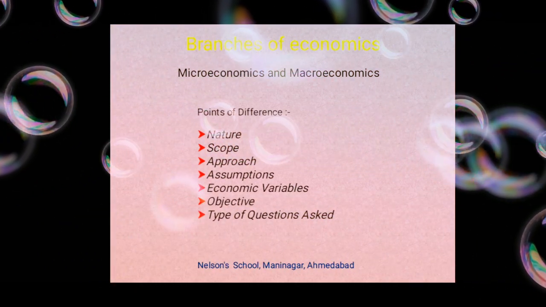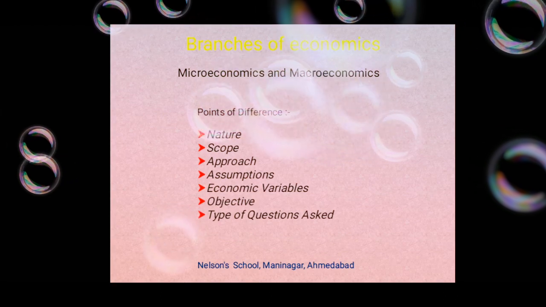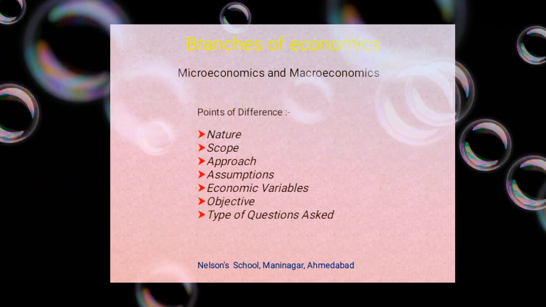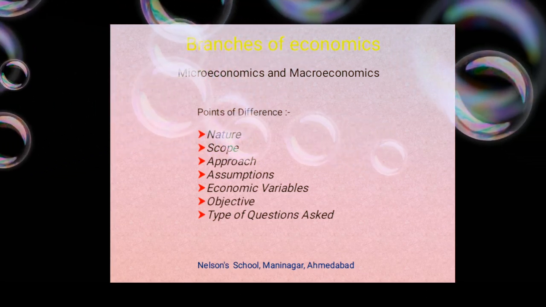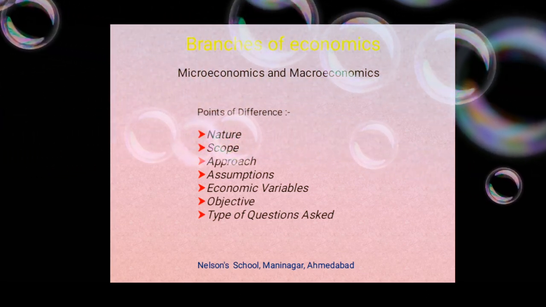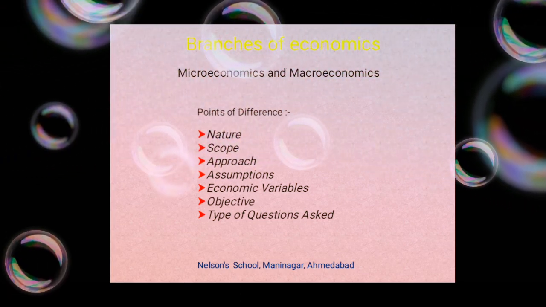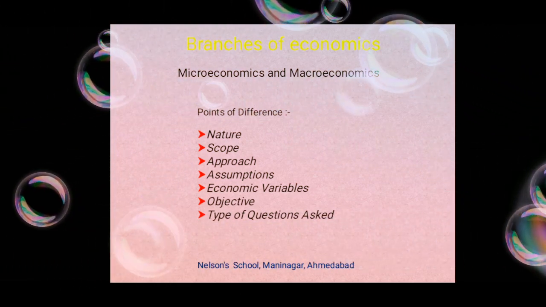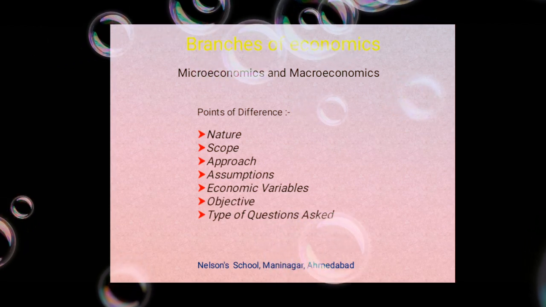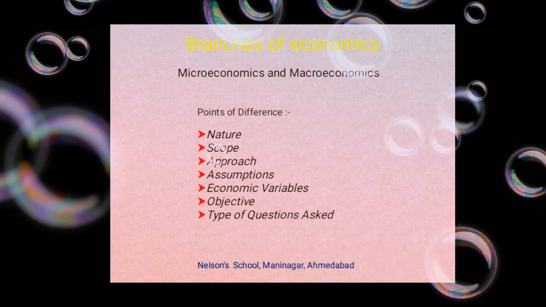The very first one being the nature. Microeconomics studies individual units, which means a consumer, firm, individual person, etc. Whereas macroeconomics concentrates on the aggregate, that is the whole of the economy. The second one is scope.